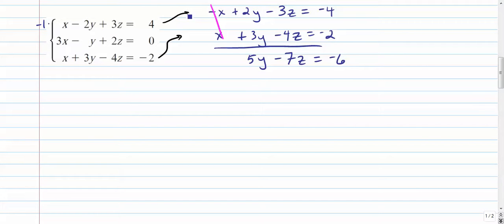So since we started eliminating the x's in the first step, we want to do that in the second step as well. So I'm going to take a look at the bottom 2. So I'll look at the bottom 2 and I will try to eliminate the x's as well. Multiply the bottom one by negative 3.